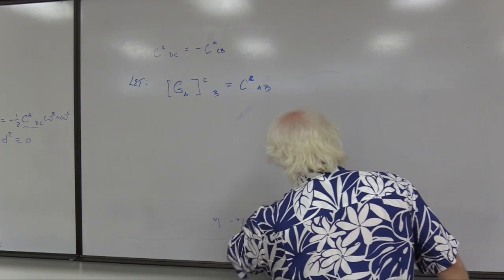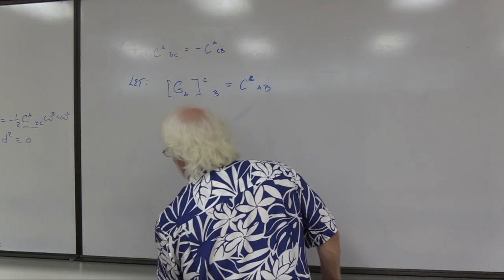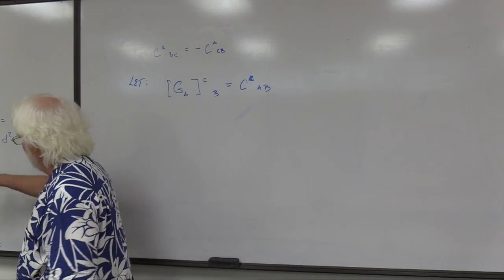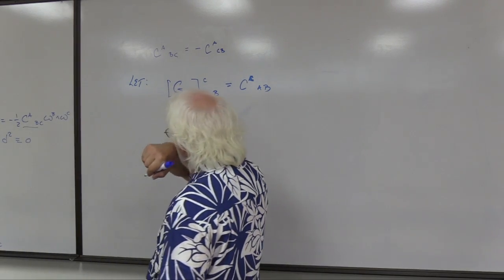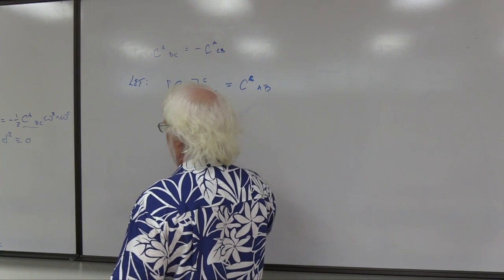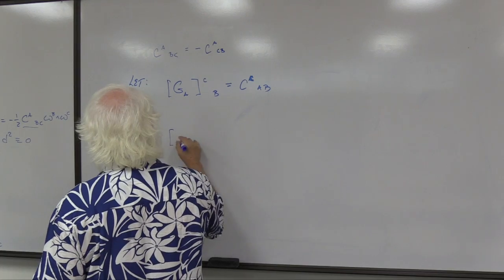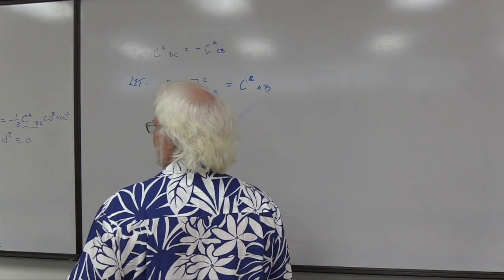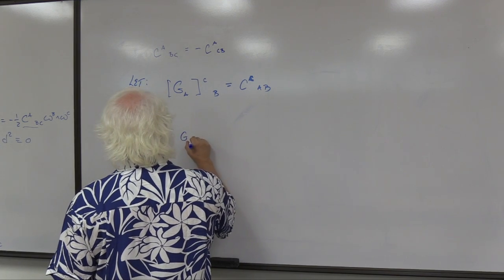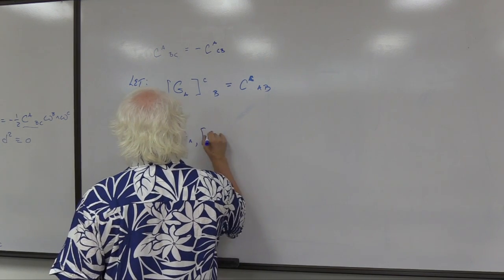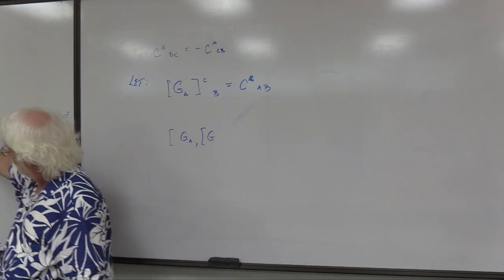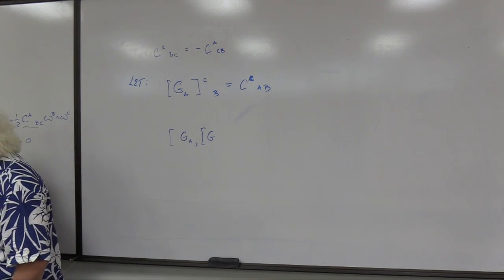The way to see it is to look at the Jacobi identity. If we write the Jacobi identity with the generators, the same that we just said for the commutation relations is true for this.